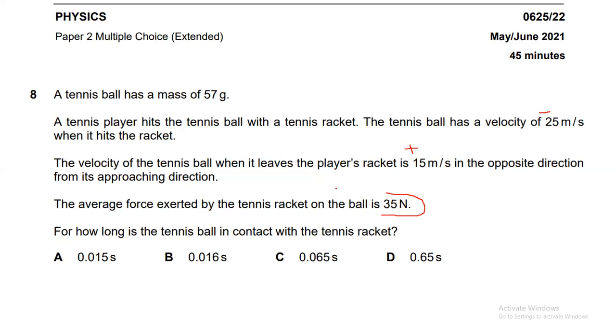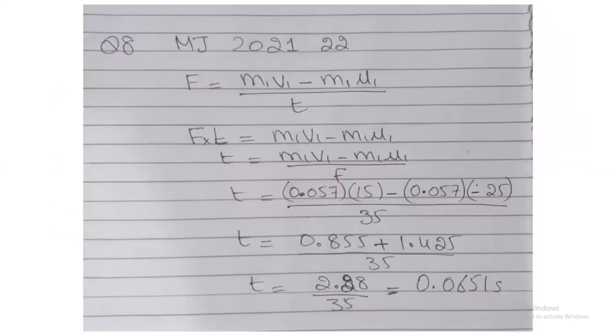Very simple. F is equal to M1 V1 minus M1 U1, the whole thing divided by T. So F multiplied by T is equal to M1 V1 minus M1 U1. The F will go to the other side and divide there. So T will be equal to M1 V1 minus M1 U1 divided by F.